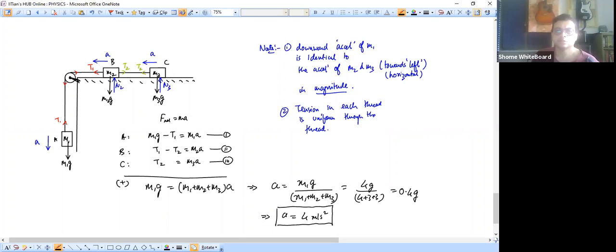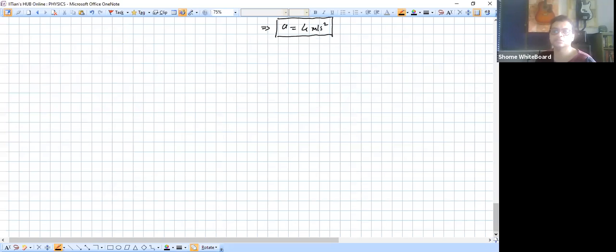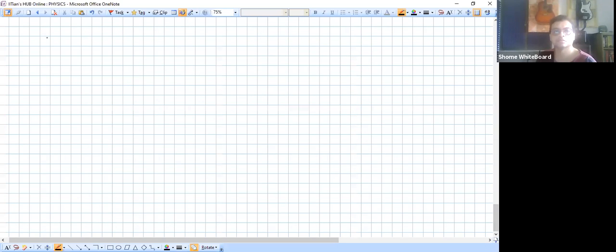Okay, good. Now let's come to the slightly shortened version of the solution. This is where we can use the shortcut. Since M2 and M3 have identical acceleration vector, mind you, M1 does not have identical acceleration vector.